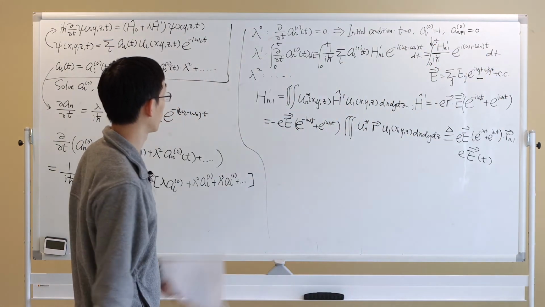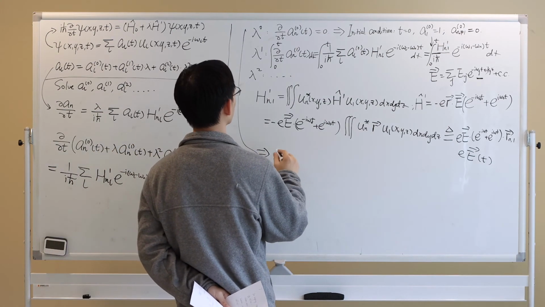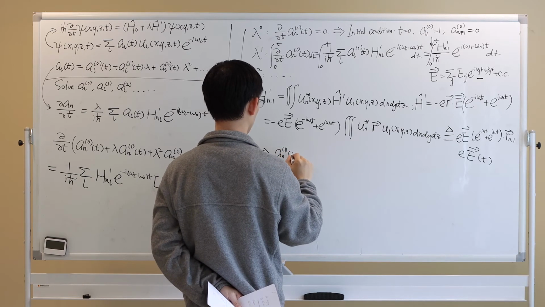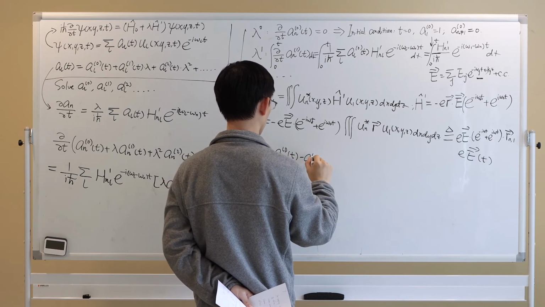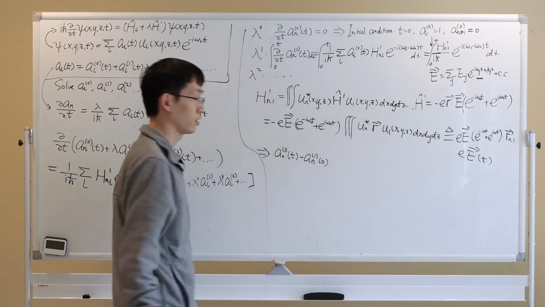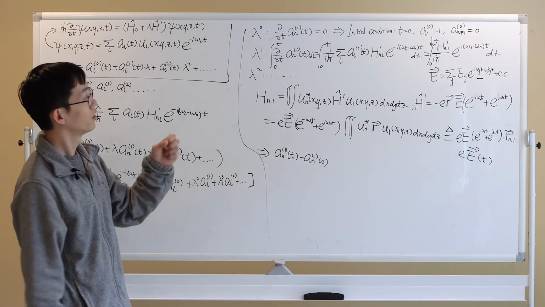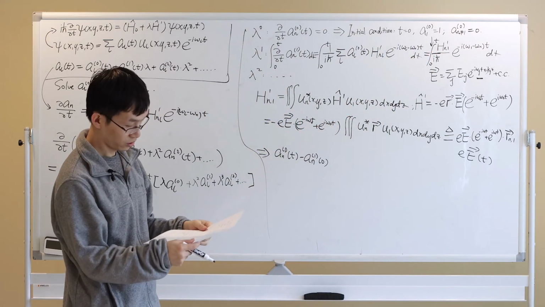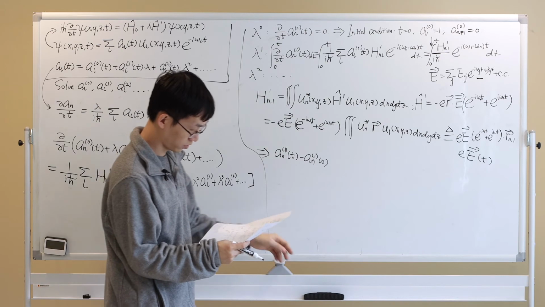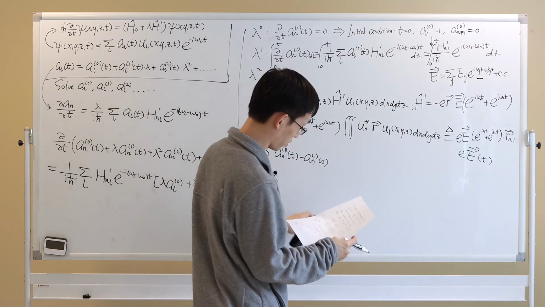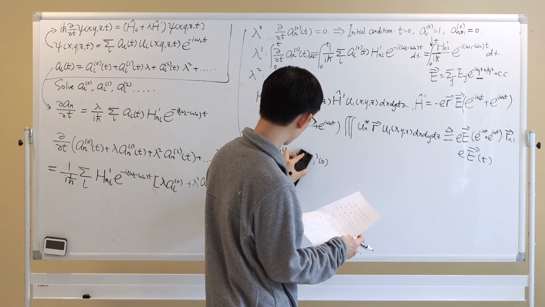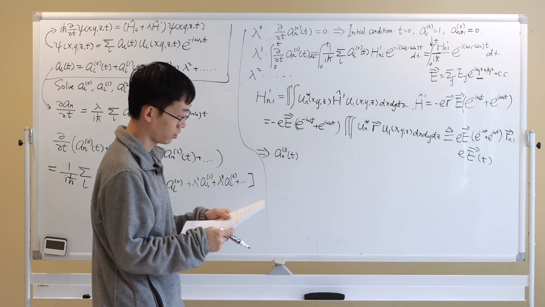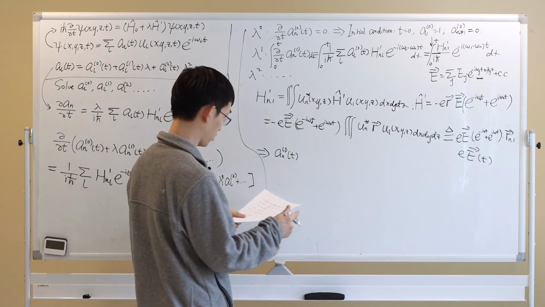And then on the left-hand side, you will get an1 t minus an1 0. At time 0, we know that the initial condition is that the state is at 0, so you can eliminate this, except for n equal 1.